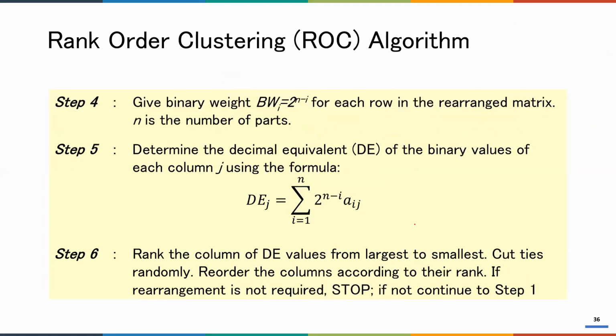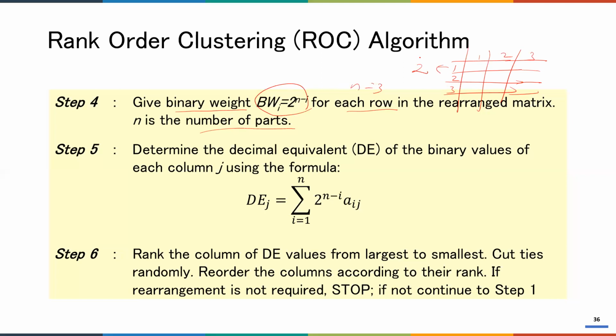After doing it for each machine, we calculate it for each part by calculating the binary weight for each row, same as before. So let's say we have 1, 2, 3, and then 1, 2, 3, yeah. Then we calculate the BW for each row. It means here it's also 2 power n minus i. This n is the max number of parts, so n equals 3, right?